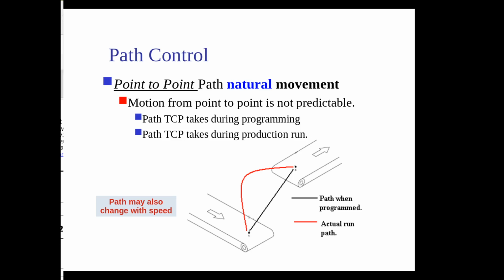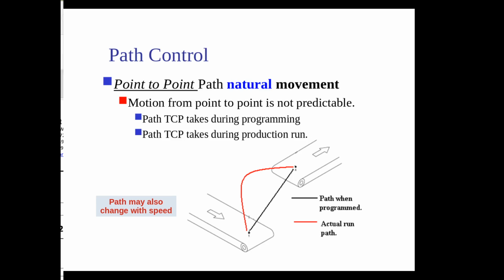So what you see here is the black line showing the path when we programmed it. Maybe we programmed point 1 and then we jogged the robot over to the next point, maybe in a straight line, but then we told it to just remember that next point. Just because we jogged it over there in a straight line doesn't mean that it's going to move that way.